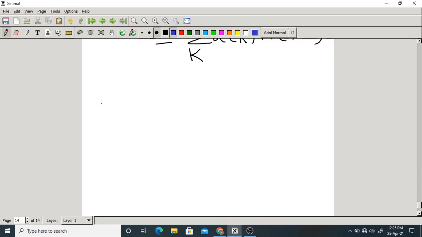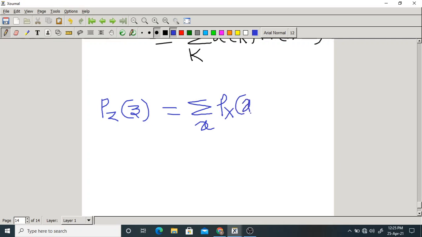What formula? Pz of z equal to summation over x, Px of x, Py of z minus x. Now we know Px of x, we know Py of y, isn't it?